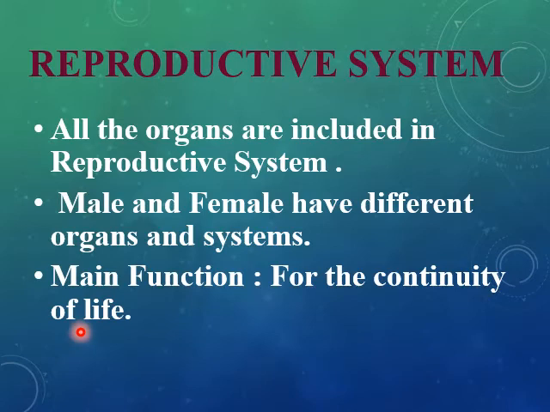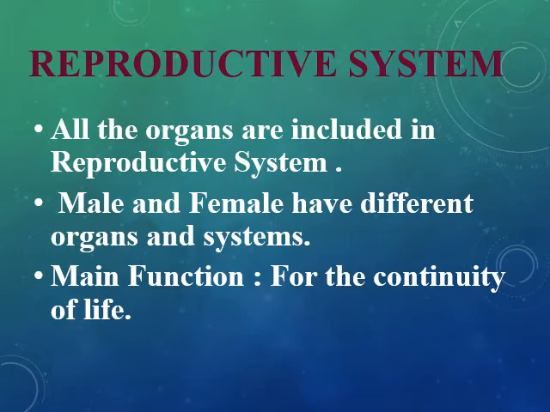Means this system is needed for the continuity of the life. Like babies grow up and they look similar to their parents. Again, from the babies, when they will grow up, they will become parents. So this way the life will continue. Okay, so reproductive system helps for the continuity of the life.